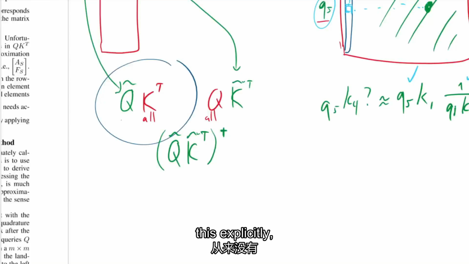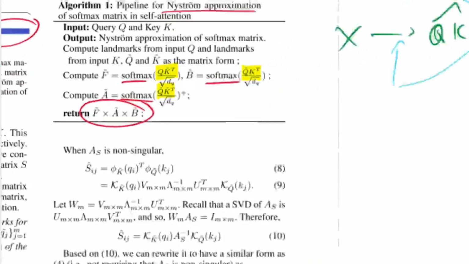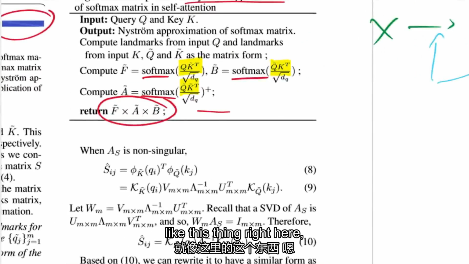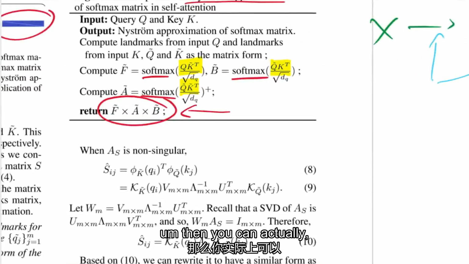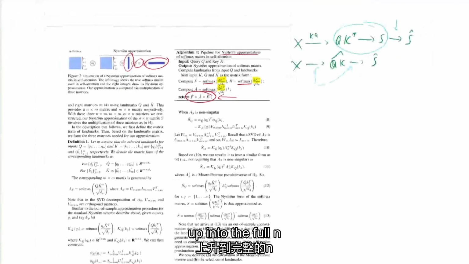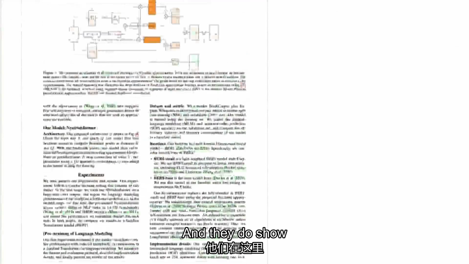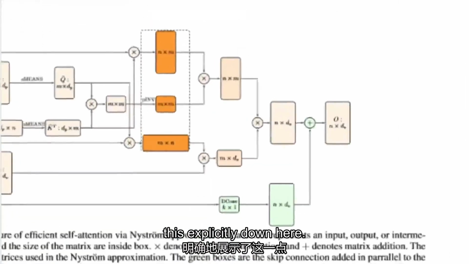Of course, they never do this explicitly, because now if you have three separate matrices and it's just a linear operation like this thing right here, then you can work with them individually. You never have to go up into the full n by n dimensions.